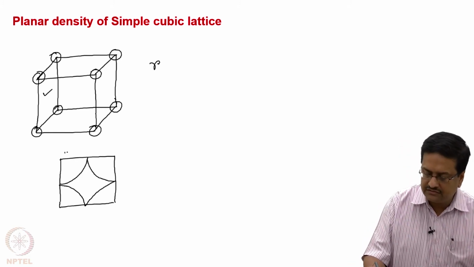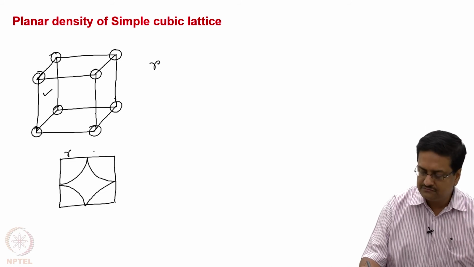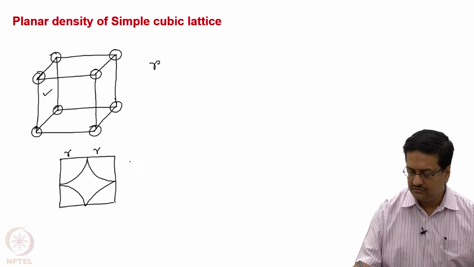This is the radius of the atom r. That means 2r equals a0.